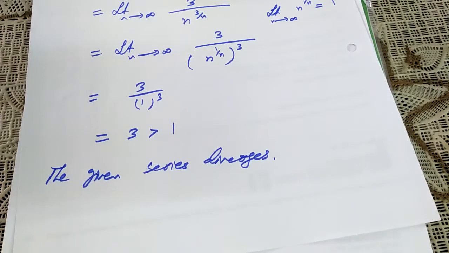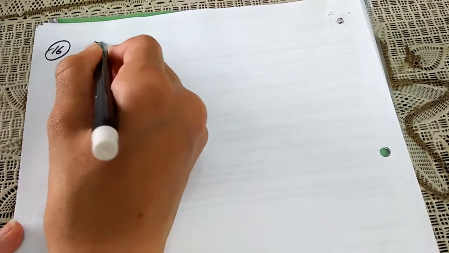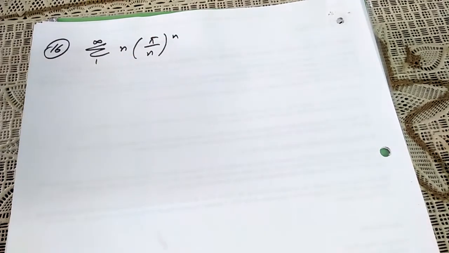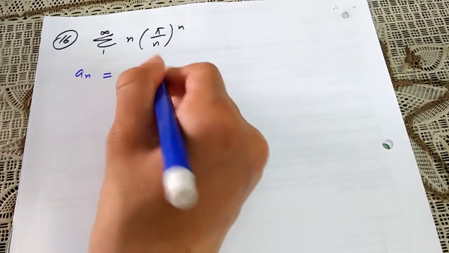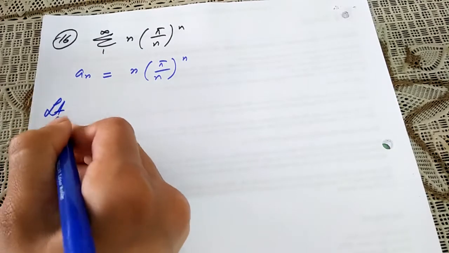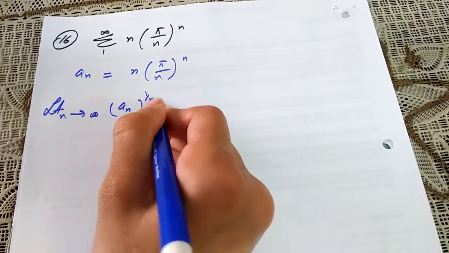Now move on to question number 16. The a_n term here is a_n equals (n into pi over n) raised to power n. Now use the Cauchy's root test, that is the limit as n approaches infinity of a_n whole power 1 over n.